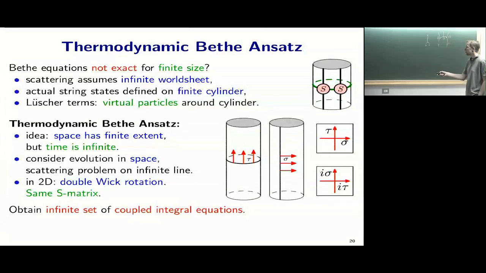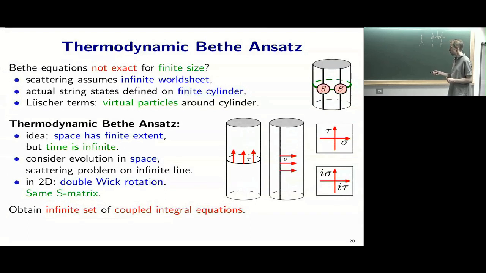And that's nice, because then you can have a scattering problem on the infinite line. And then nicely, you are in 2 dimensions, with one time and one space dimension. By doing a Wick rotation in time and also a Wick rotation in space, you basically recover the same signature. And so you get to this double Wick rotated picture where you basically interchange time and space.